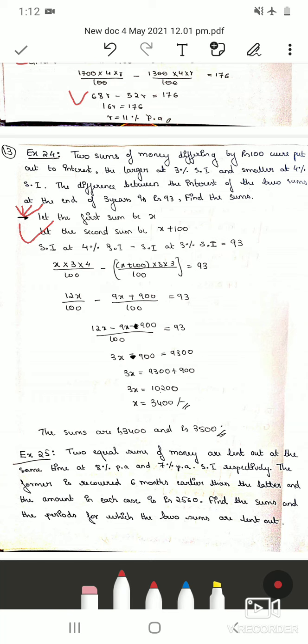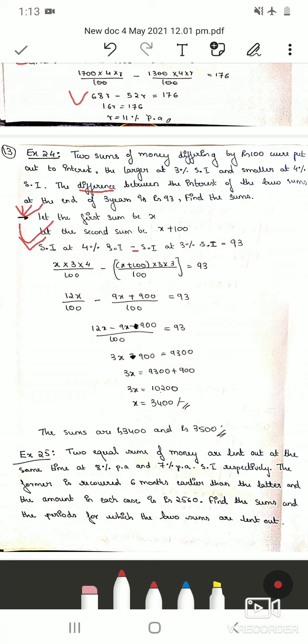Then they have given the difference between the interest of the two sums at the end of 3 years is rupees 93. So they have given the word difference. Again it is subtraction. When you subtract one interest from the other, the difference amount is 93.